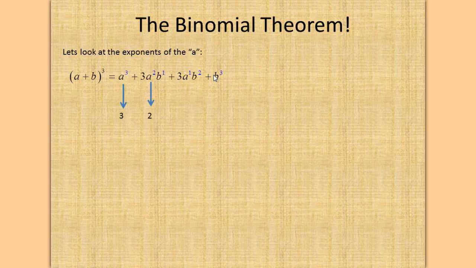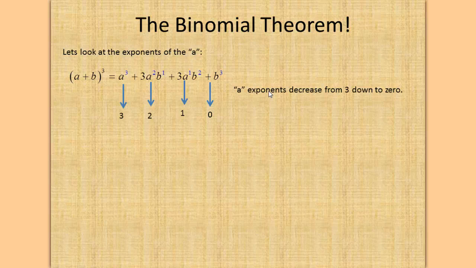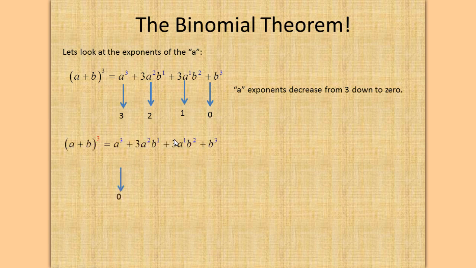So you see here we have a to the 0. The a exponents decrease from 3 down to 0: 3, 2, 1, 0. Okay, let's look at the b exponents.